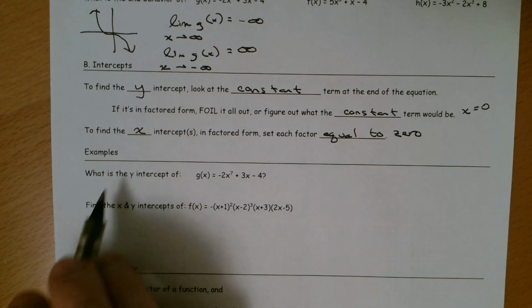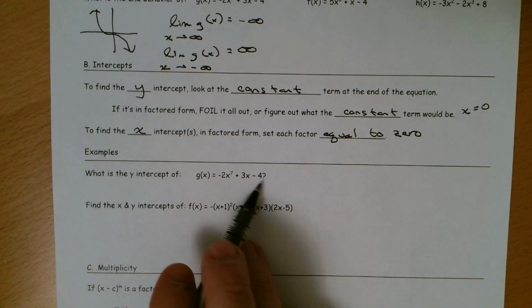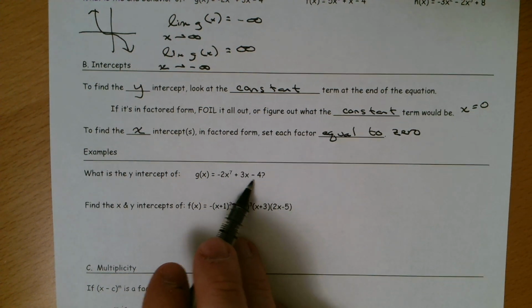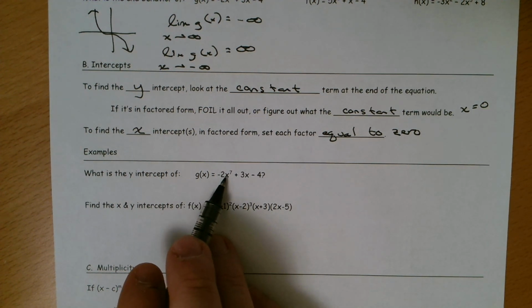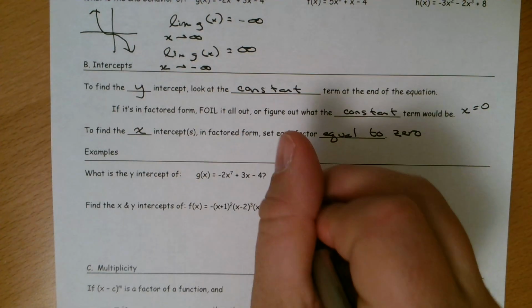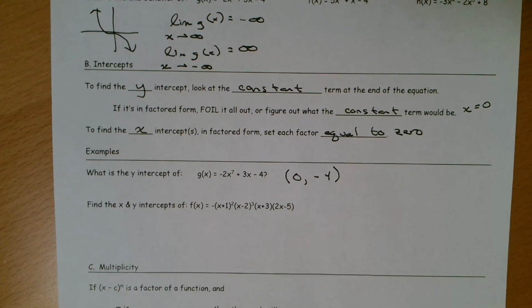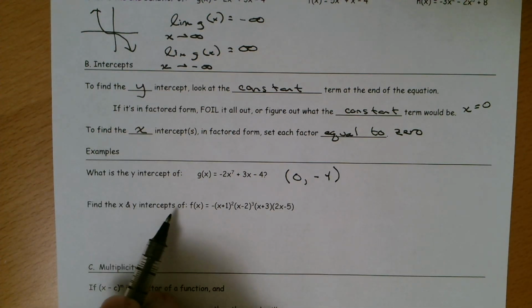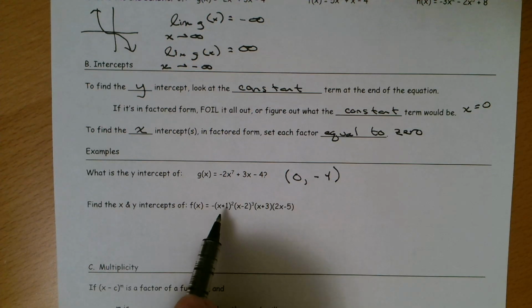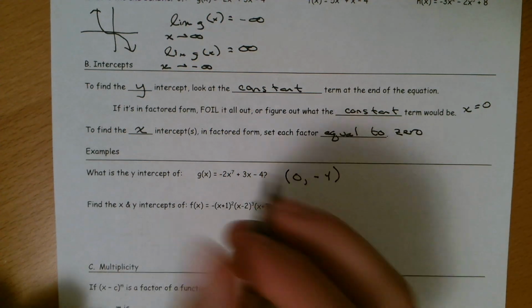So if we look at this first example here, being asked what is the y-intercept, look at the constant term, meaning the x is 0, so (0, -4). So when x is 0, y is negative 4. Now over here, we've got to find the x and y intercept. So to find the x-intercept, we set each factor equal to 0.